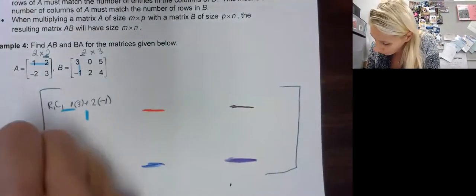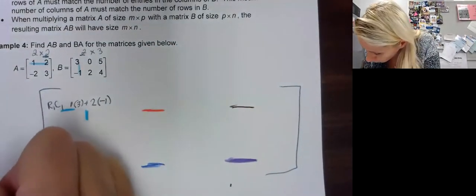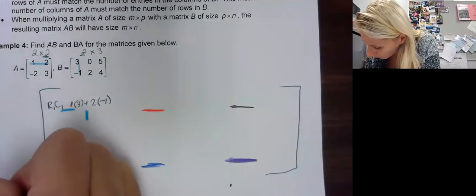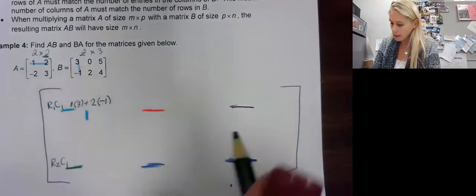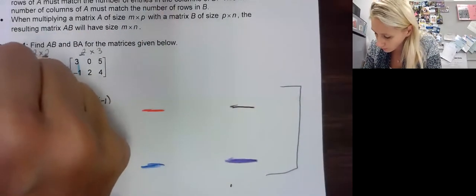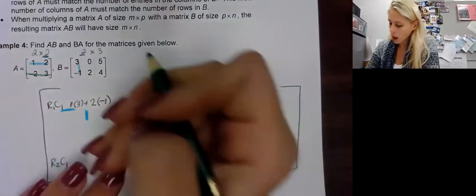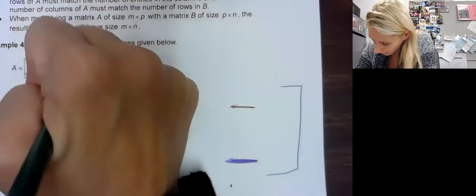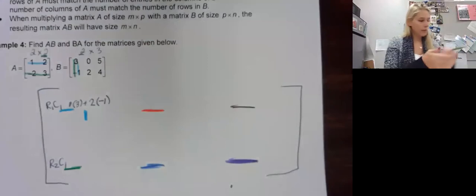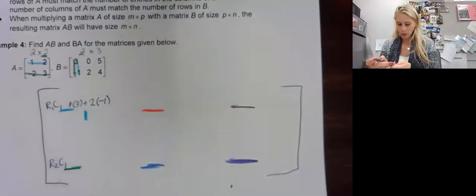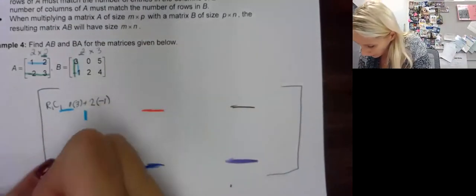Okay, and then I'm going to do that again. This one, I'll do the green one down here. This is row 2, column 1. Which means I'm going to take row 2 of the first one, column 1 of the second. Now, if I could find a pencil that actually works well, I can write this out.